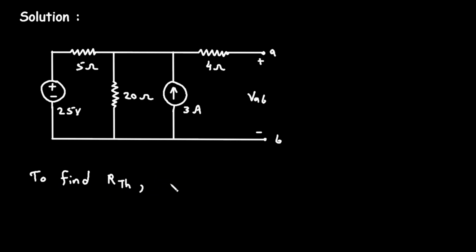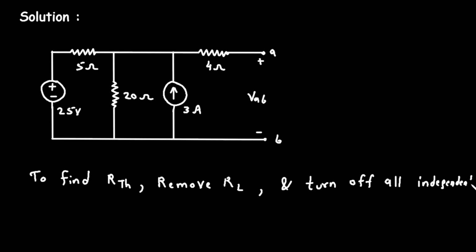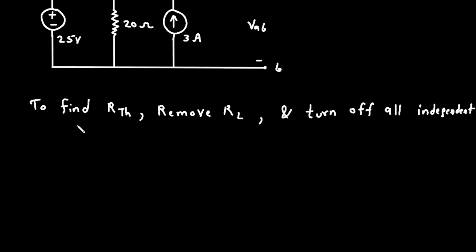To find RTH, what we do generally, we remove the RL. Now here the RL or load resistor is already absent. So remove RL and turn off all independent sources.